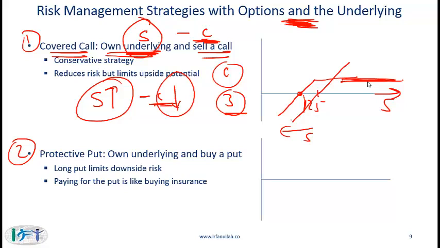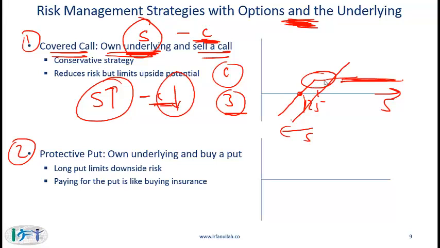The question then becomes, why do we do this strategy? Think of this as a conservative strategy where you've bought a stock for 25 and you don't want to lose too much money, and you are not after making a very high profit either. And let's say that your view is that the stock will remain at or about 25.